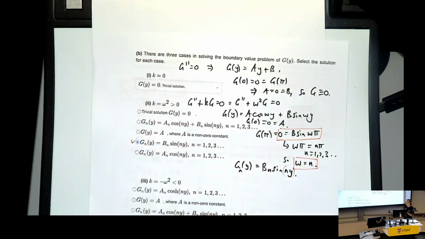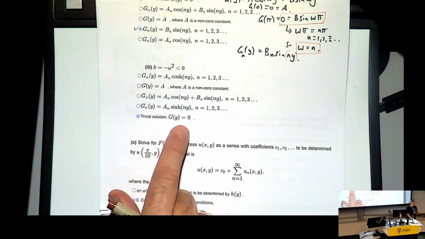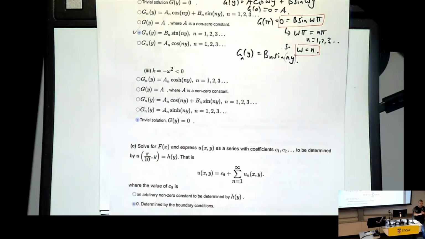So that would be the right one. Okay, so now you're thinking, oh my God, there's another case to consider. I'm tired, I want to go home. Only one of the three cases will give you something interesting. So in the third case, just forget it, right? It'll just be 0. Okay, yeah. So in the third case, it's just going to give you 0. So don't need to spend any time on that.